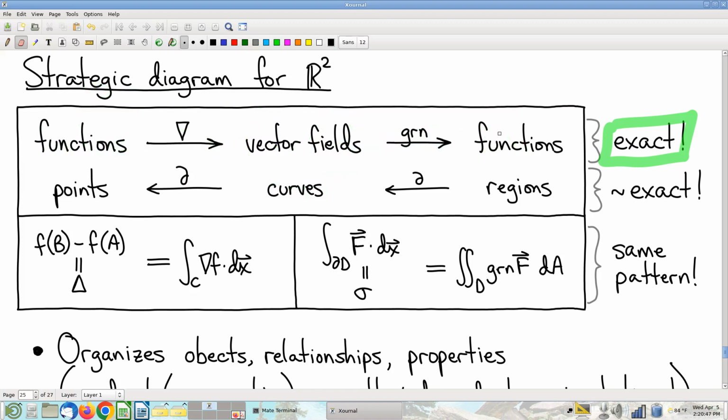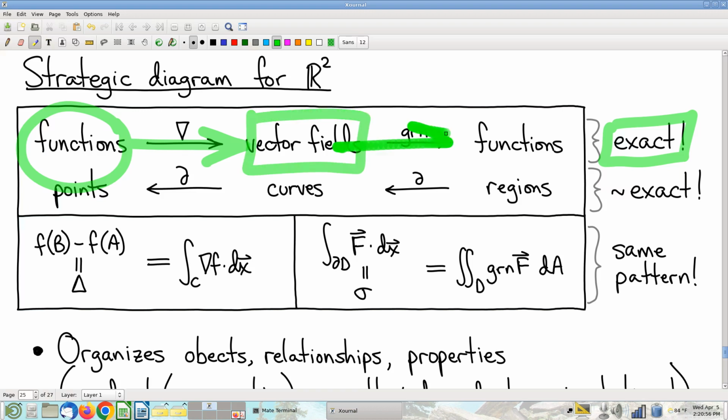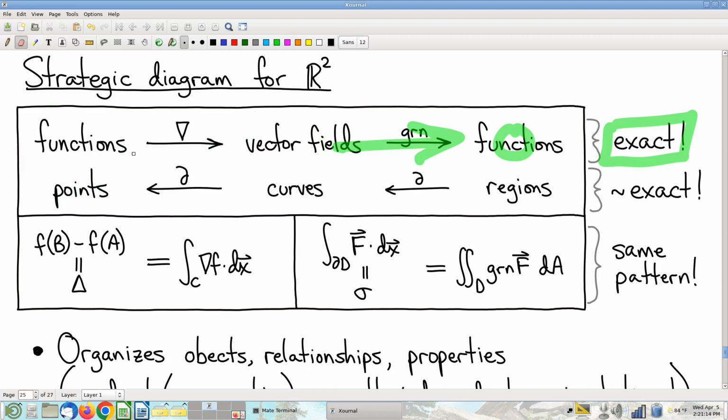The other aspect of exactness is that if you have a function and you take the gradient, thus giving you a vector field, Green's operator of that gradient field is 0. These are neat facts. These are strong, unexpected relationships between the gradient operator and Green's operator, and it's really nice to be aware of those.